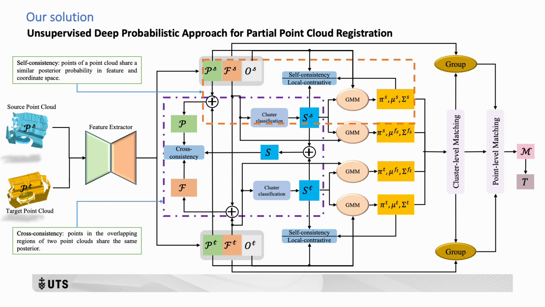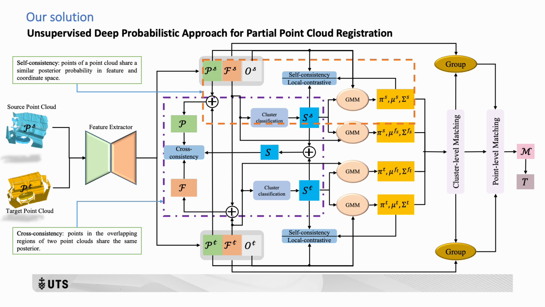Next, cluster-level and point-level matching modules estimate the correspondences M, which are used to estimate the transformation T. The network is trained using local contrastive, self-consistency, and cross-consistency losses. S is the concatenation of Ss and St, and P and F are the concatenation of Ps and Pt, and Fs and Ft, respectively.